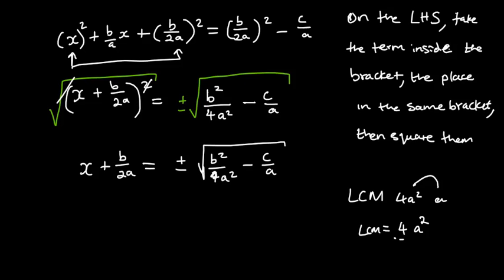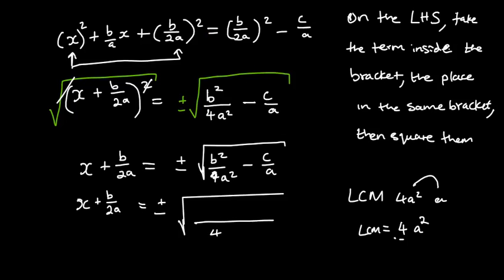So now you're going to have x plus b over 2a equals plus minus the square root of the whole expression under a common denominator, 4a squared.